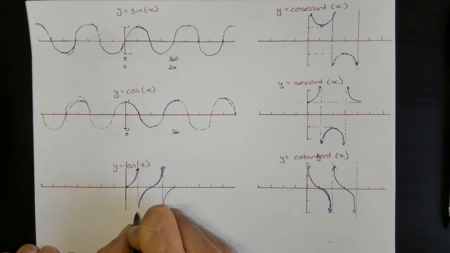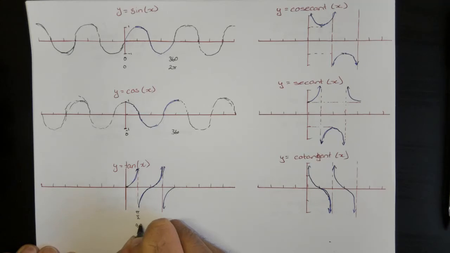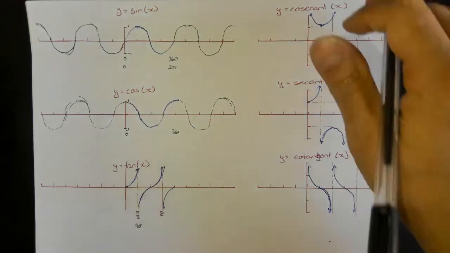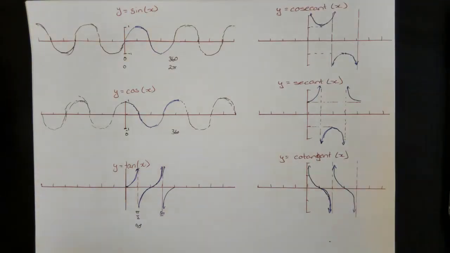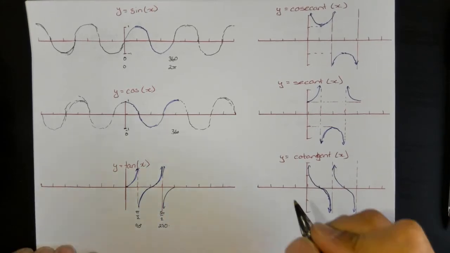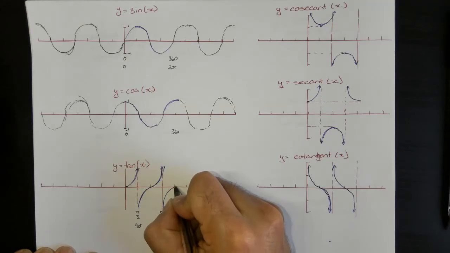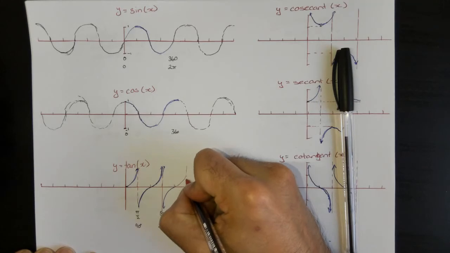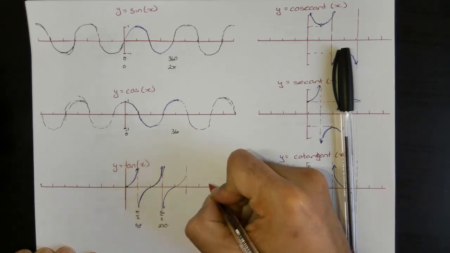It has asymptotes at pi on 2, or 90 degrees, and at 3 pi on 2, since 270 degrees in radians is 3 pi on 2. It has a period of 180 degrees, or pi.